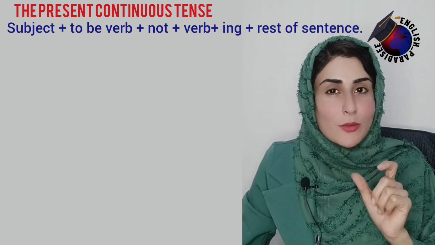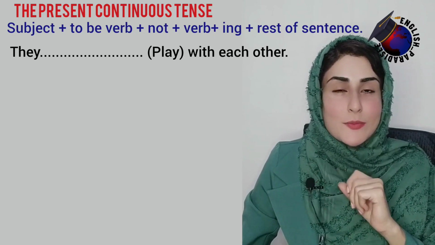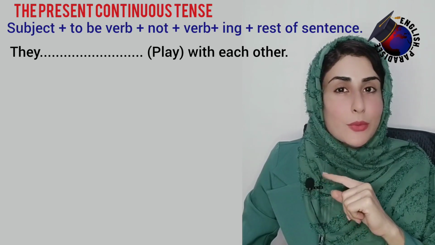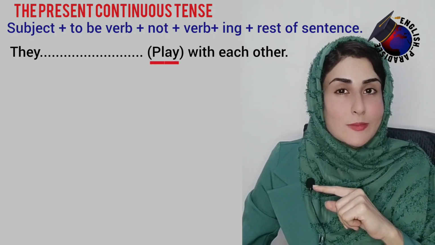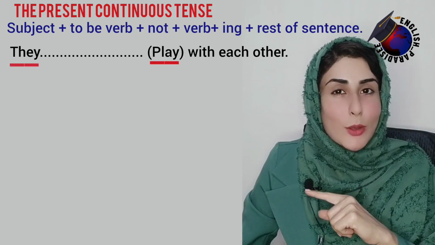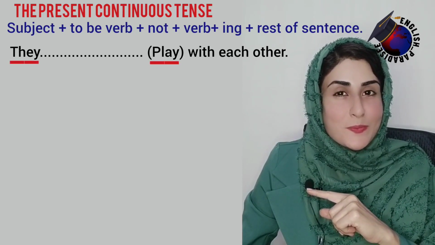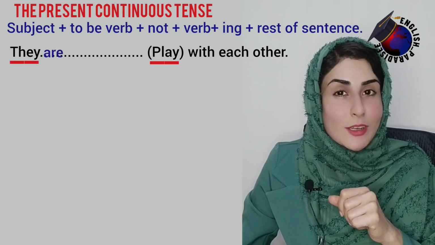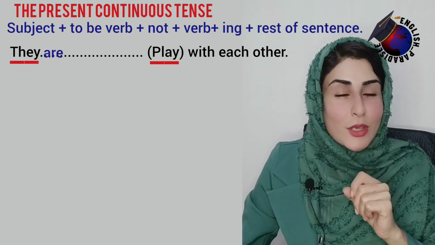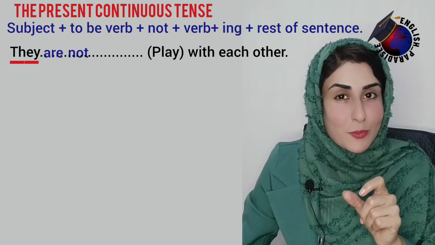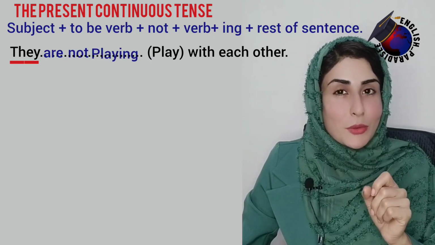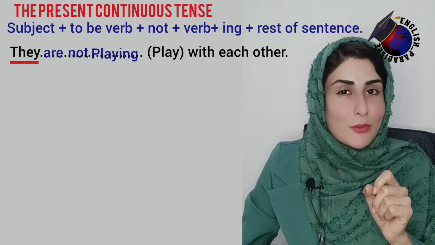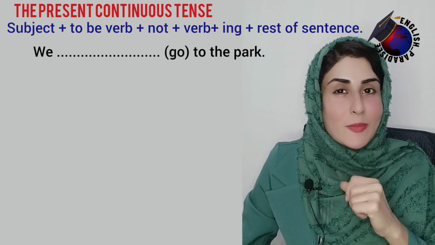Okay, now let's fill in the gaps together with the negative of present continuous tense, okay? For example, in this sentence, use the verb in the parentheses. They, great, a to be verb, are, and then not. They are not playing with each other, or they aren't playing with each other. The next one.